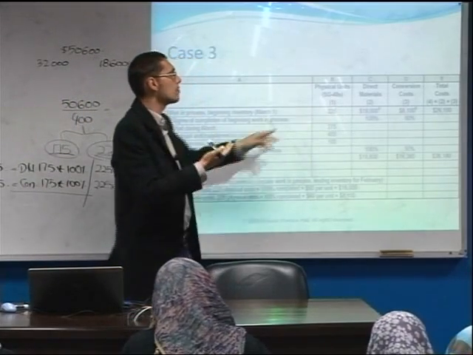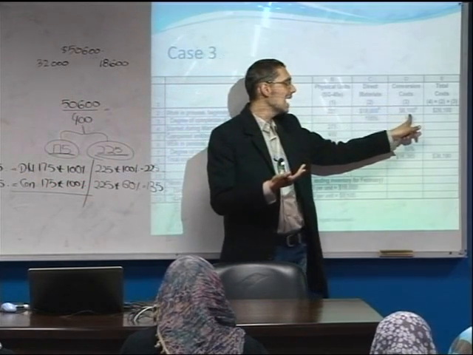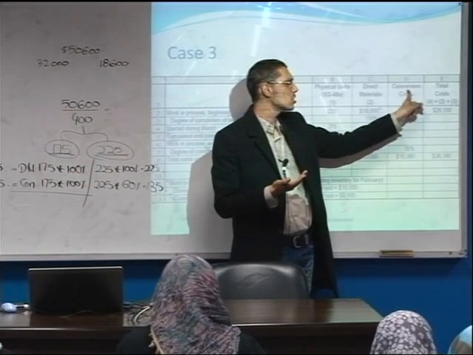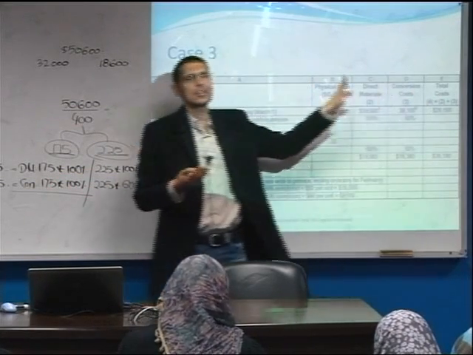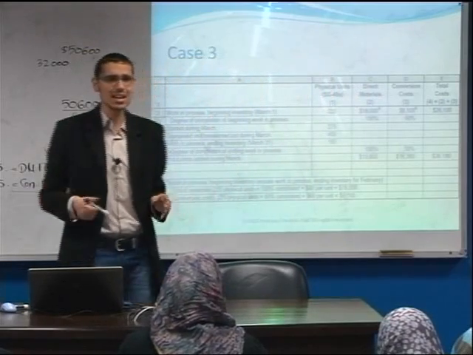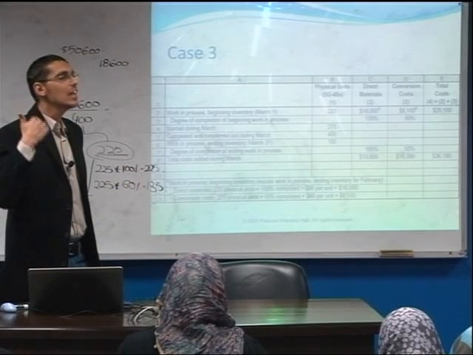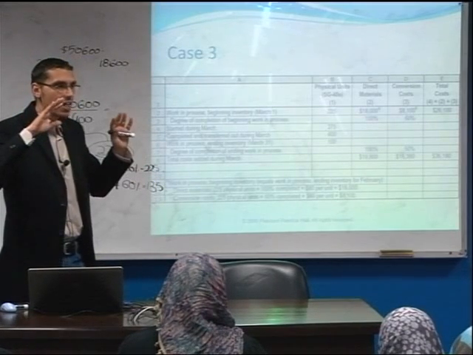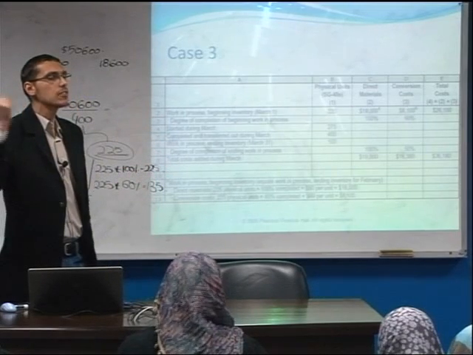Now, the cost of the 225 is 18,000 for the direct materials, 8,100 for the conversion cost, and 26,100 as total cost. From where have these figures come? From our calculation, from step number 5 at the end of the month of February.